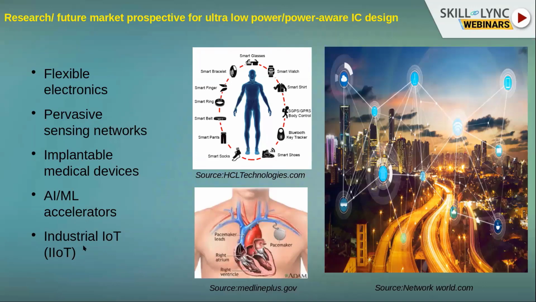As well as the next phase of IoT is industrial IoT, where apart from having smart cities and smart homes, we're talking about IoT devices making entire cities or entire townships smart. In all these cases, we need sensors and batteries for sure. Wherever sensors and batteries are there, wherever data is involved, we always have to worry about power awareness.